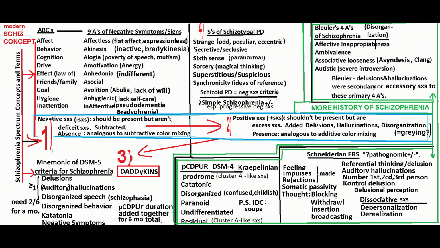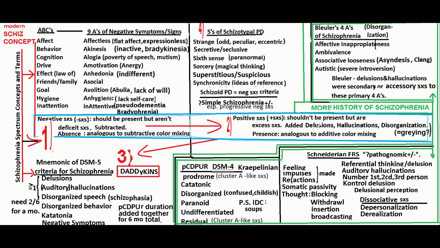Now going to number 3, here's a mnemonic that I made up for the criteria for schizophrenia from DSM-5. They don't distinguish types of schizophrenia anymore because they're said to be unreliable and not as helpful for treatment or diagnosis. But the types have more or less turned into criteria. You've got delusions and hallucinations, and they're mainly auditory hallucinations, so I just put the auditory hallucinations.